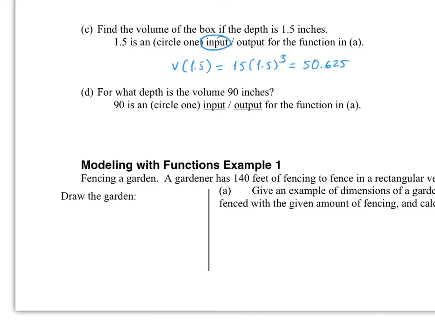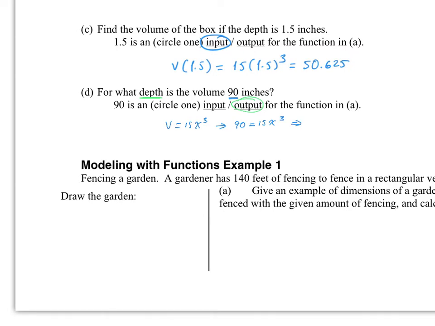In part D, they already give you the volume. It tells you that the volume is 90. Here what is given is the output, and they're asking you to find x, or the depth required to get 90. Remember, the formula for the volume was 15x cubed. Since we already know that the volume is 90, we have 90 equals 15 times x cubed.